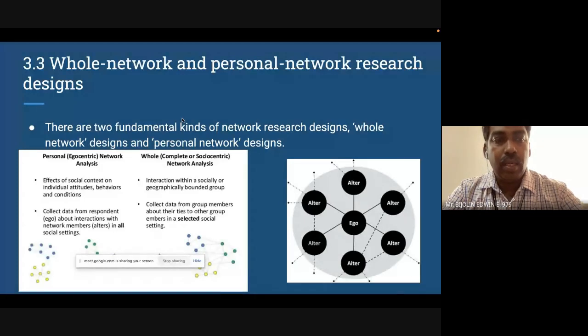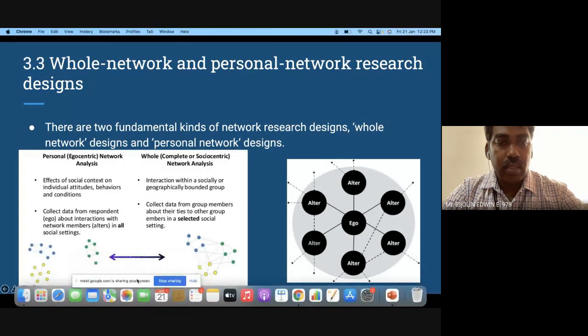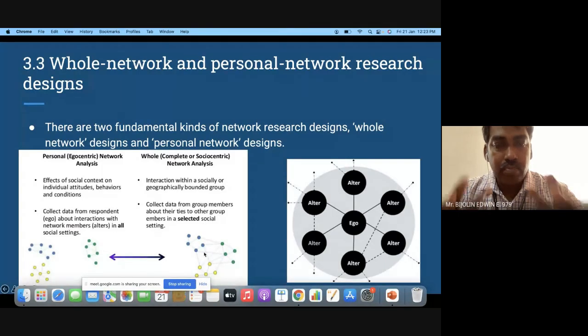So here see the picture. When you take the whole network, every network is tied up as one cluster. But if it's the ego, meaning a small network, they have their own centric nodes. They decide what has been planned. They don't have a link from one cluster to another cluster.